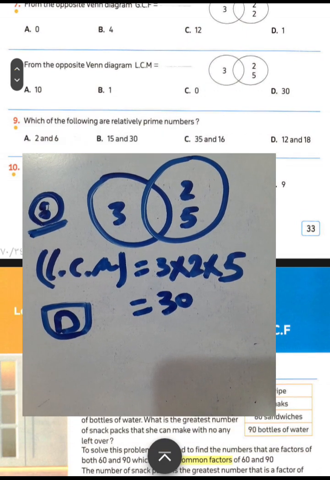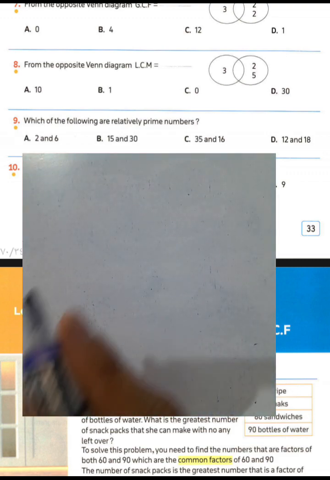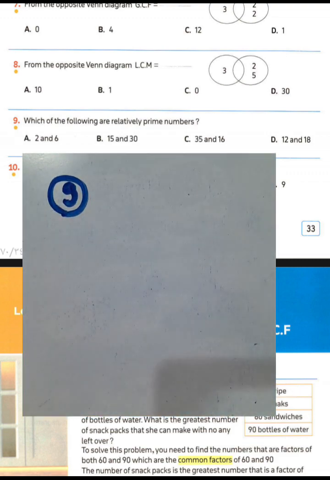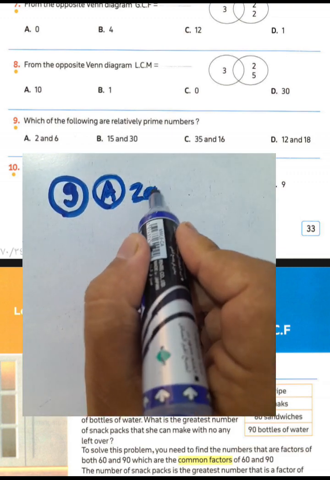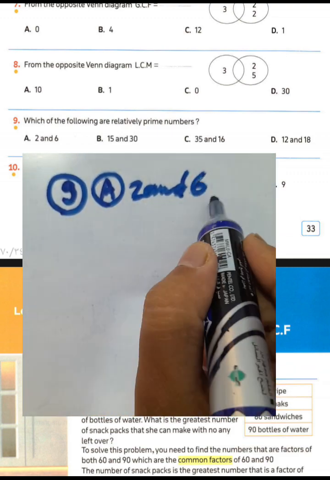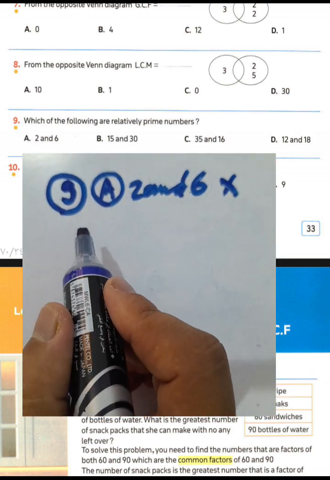Question number 9. Which of the following are relatively prime numbers? Relatively prime numbers means two numbers can divide by 1 only. Look at letter A, 2 and 6. It's false because 6 can divide by 2.